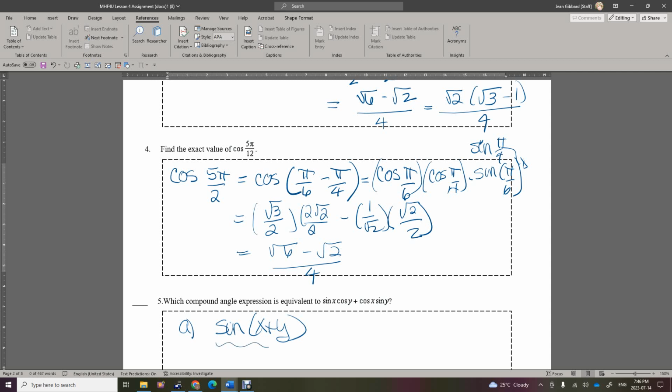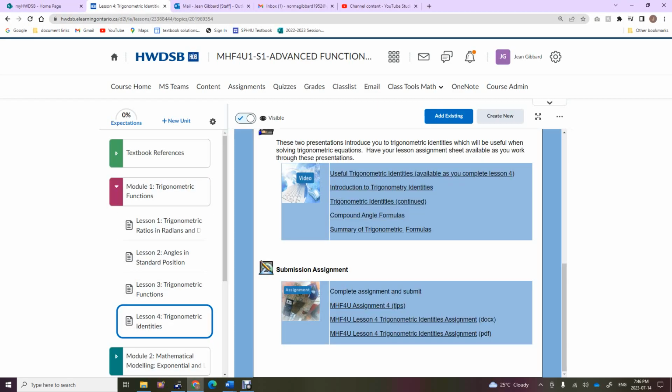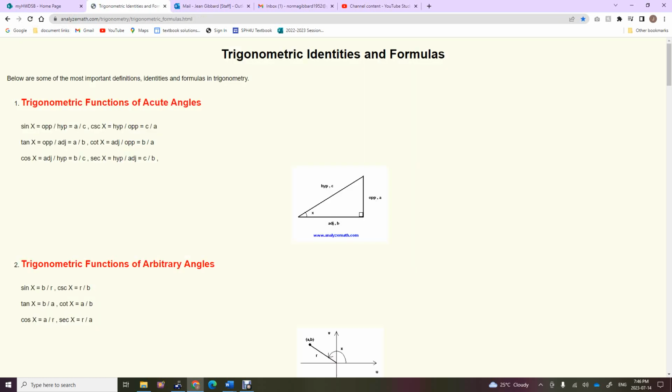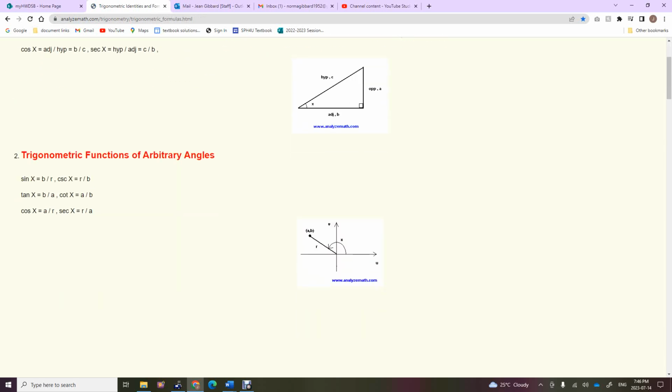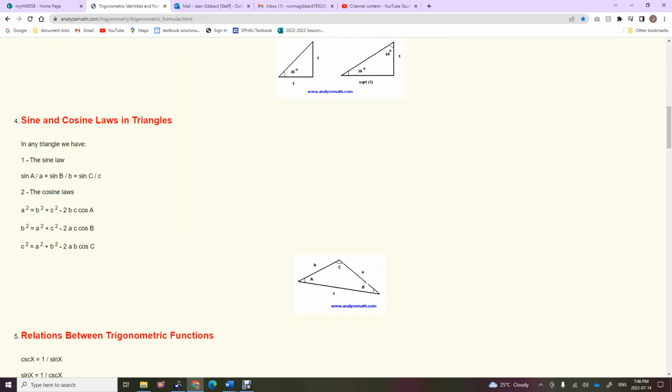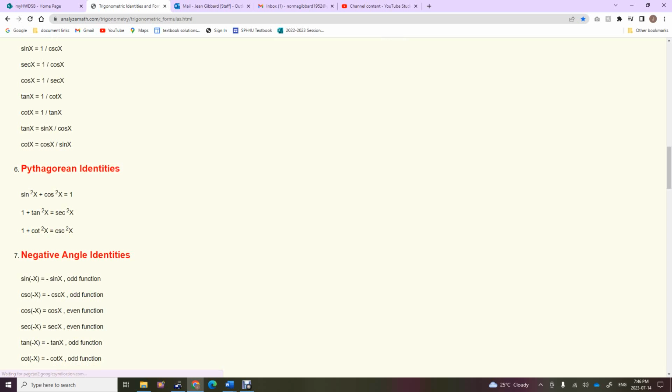Now, for this one, all we have to do is take what we're given and open up our trig identities, and we just look for that particular identity.